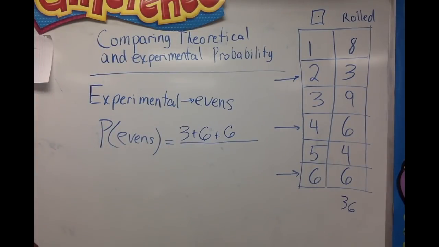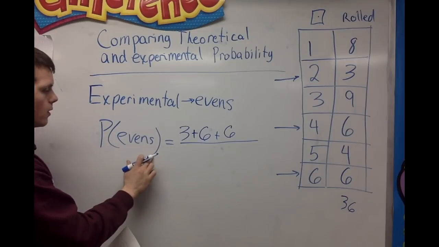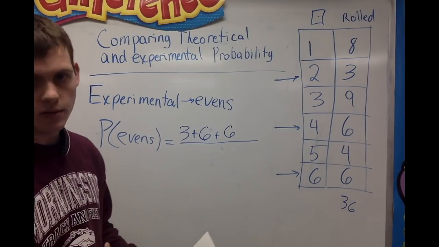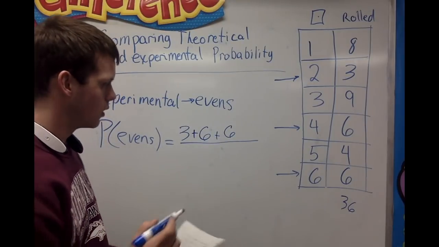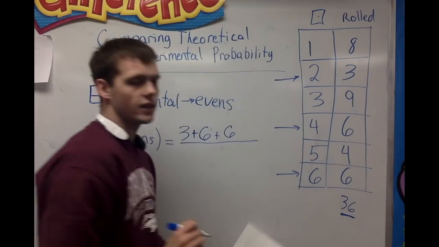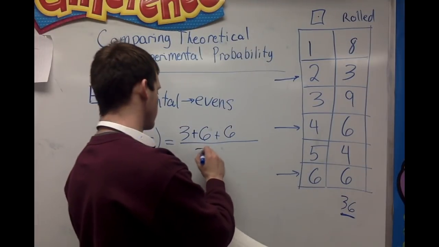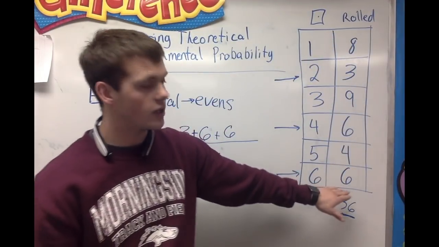And the bottom of experimental probability is how many times we tried to make it happen. Like I've been saying, we rolled our dice 36 times, because if you add all these up, you would get 36.